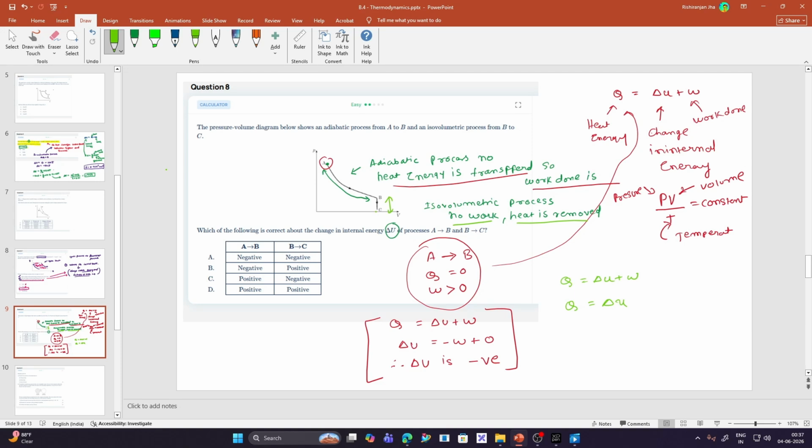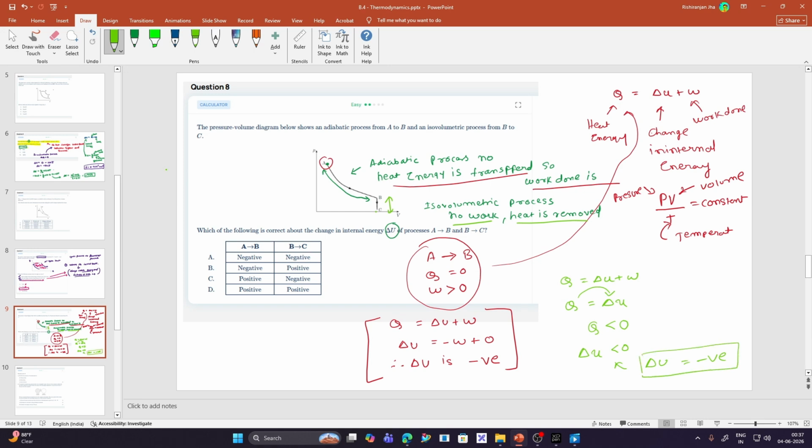So we can say that Q is less than 0. If Q is less than 0 and Q is equals to change in internal energy, then internal energy, that is delta U, must also be less than 0. So that's why delta U is negative in this process.